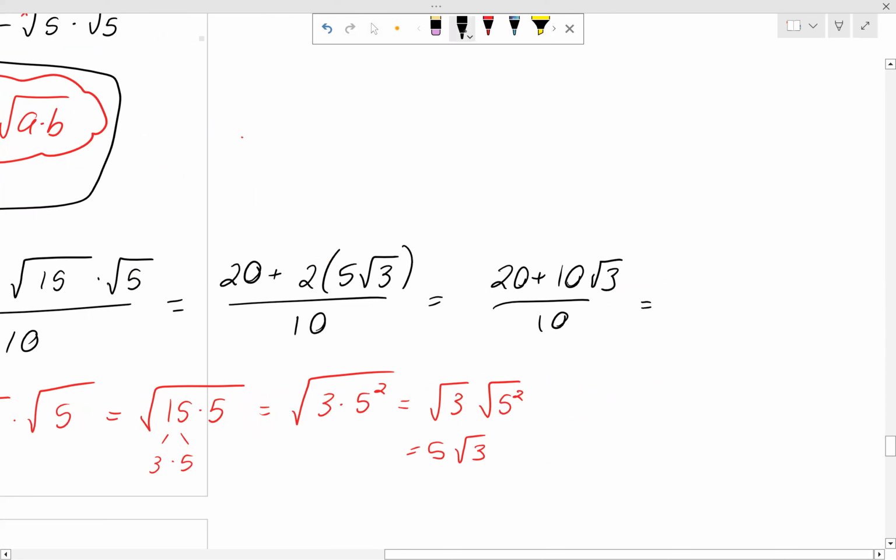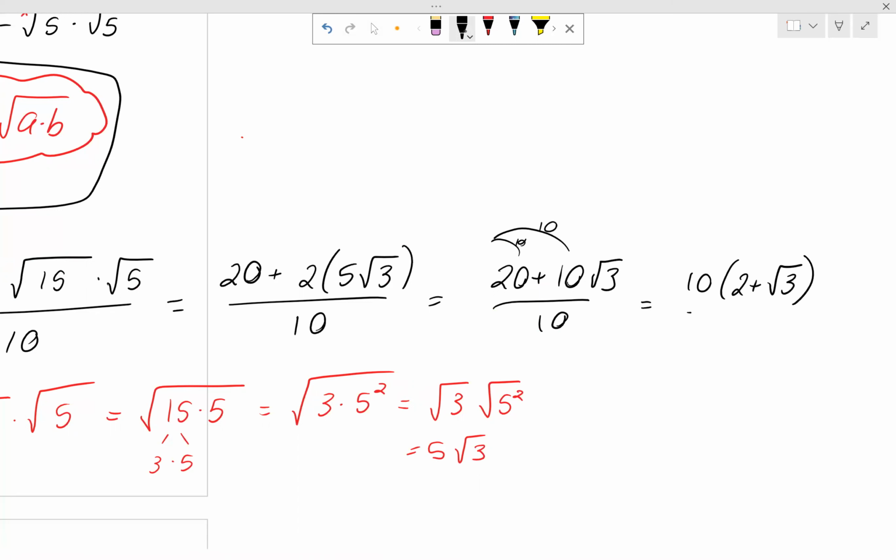I see in the numerator, I could pull out a 10 from each of these and have 10 times 2 plus the square root of 3 over 10. All right, because if I distributed this 10 back to these, I would get this right here.